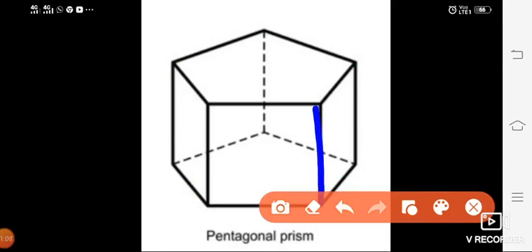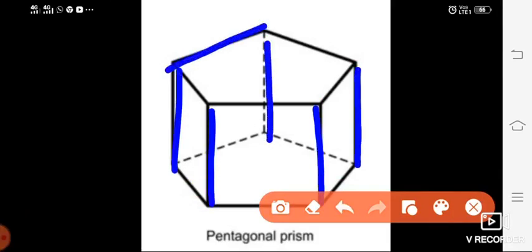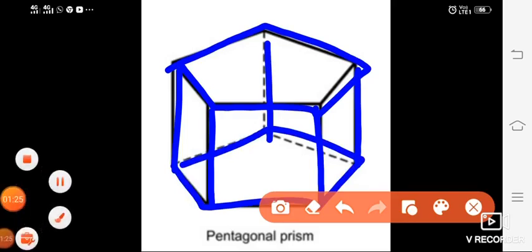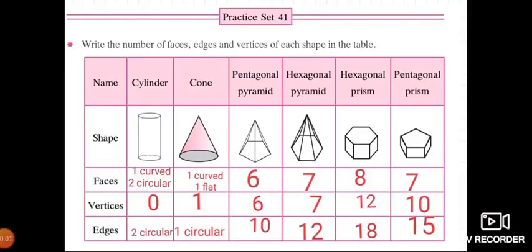So see 1, 2, 3, 4, 5, 6, 7, 8, 9, 10, 11, 12, 13, 14 and 15. So there are 15 edges for the pentagonal prism. Now let's write it in the table. So a pentagonal prism has 7 faces, 10 vertices and 15 edges.